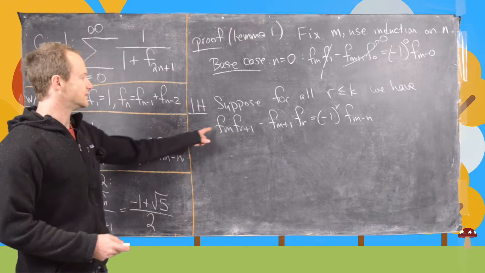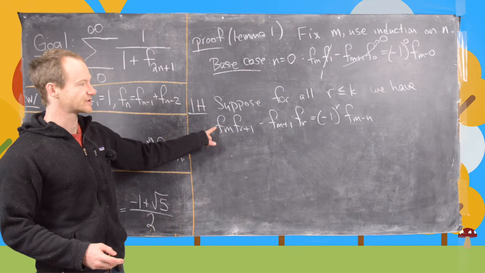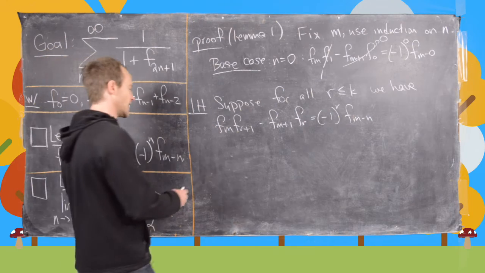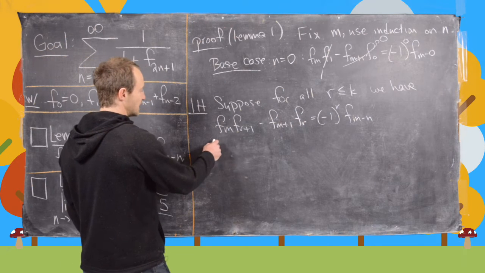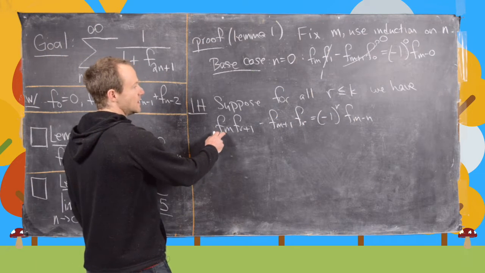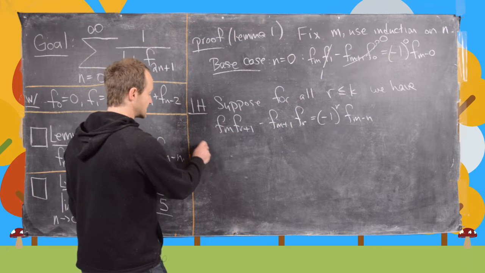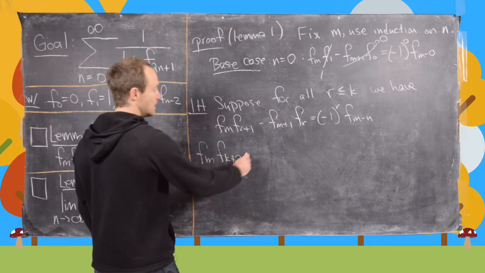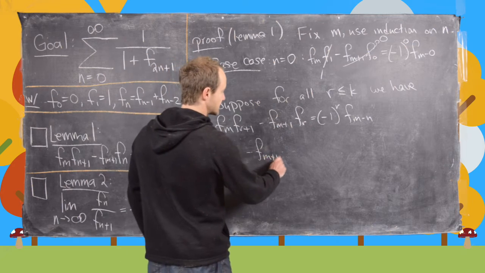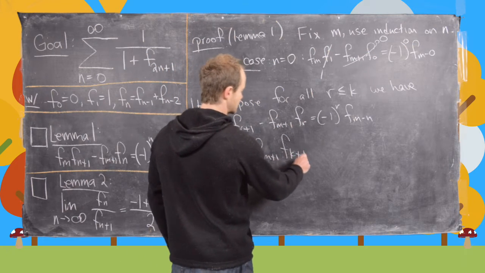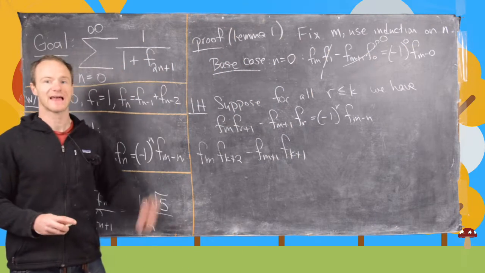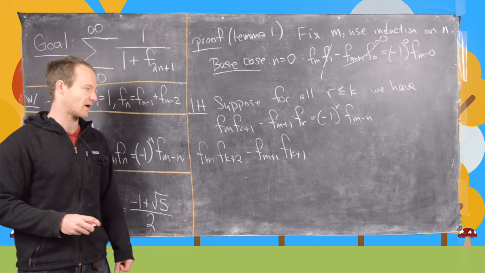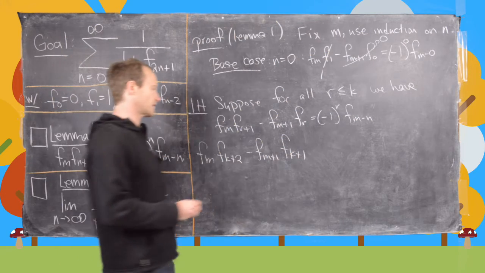Now what we're going to do is look at the k plus first version of this left-hand side. So let's see what we get if we plug in k plus 1 for r into the left-hand side. We'll get f_m f_(k+2) minus f_(m+1) f_(k+1). Now notice that is not covered by the induction hypothesis, so we need to work with it a little bit.